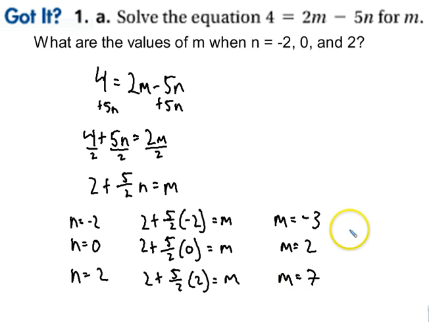Alright, so that should be the solution. We end up with m is equal to 2 plus 5 halves times n. And then we plug it into each part, and there we go.